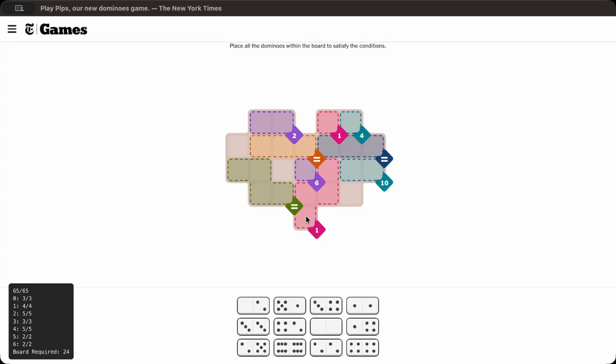We have this 4-cell region and 3 zeros. So this has to be 3 zeros and a 1. So this has to be a 0 0 or a 1 0. And we don't have a 1 0. Right? 1 1. Correct. Okay. So one of these has to be our other blank.